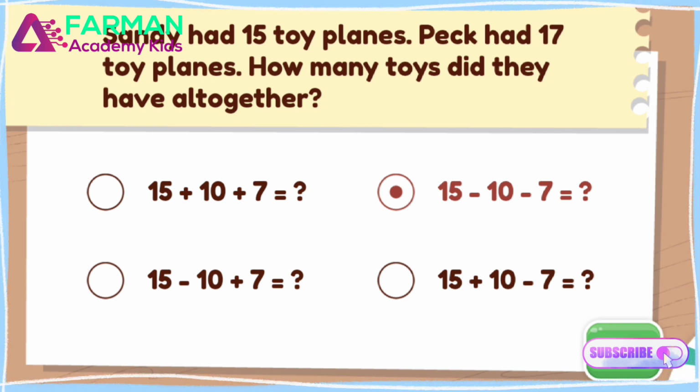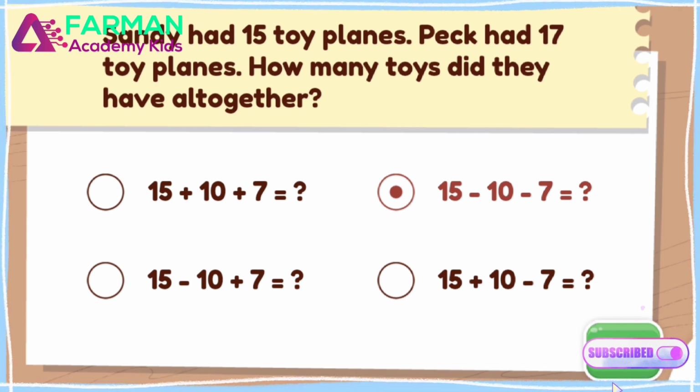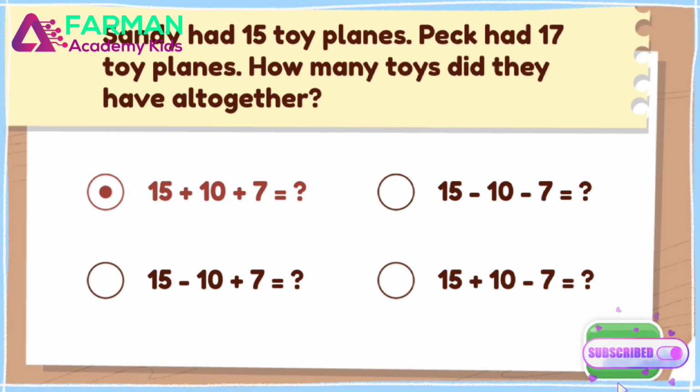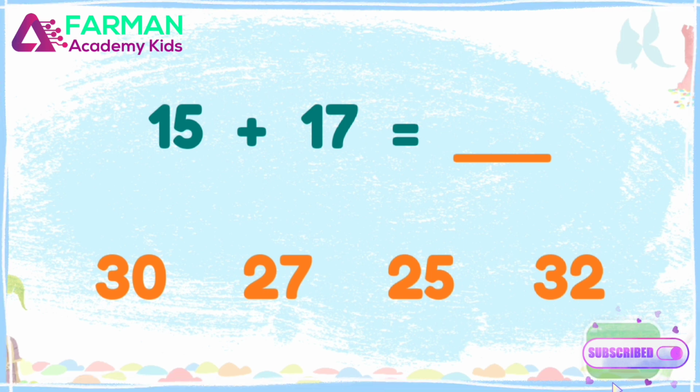Oops! To solve the problem, we want to add 17 total. Which equation can we use to solve the problem? You did it! 15 plus 10 plus 7 is the same as 15 plus 17. Drag the number to the blank to solve the equation.